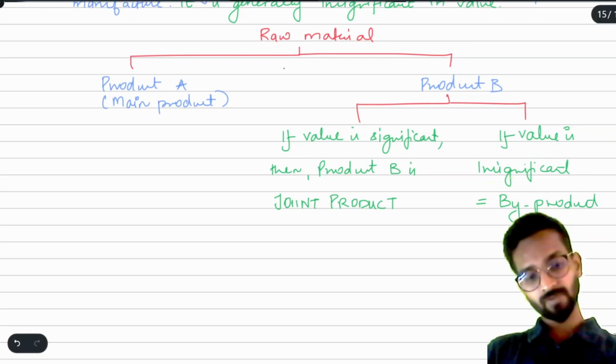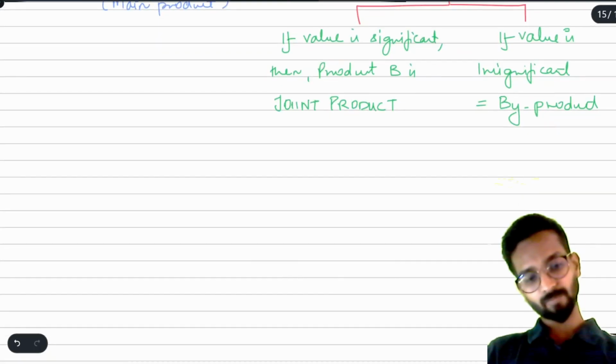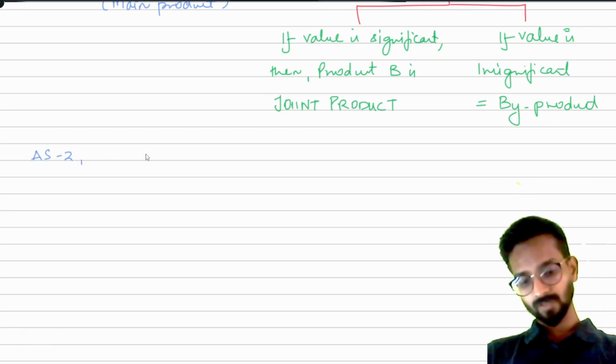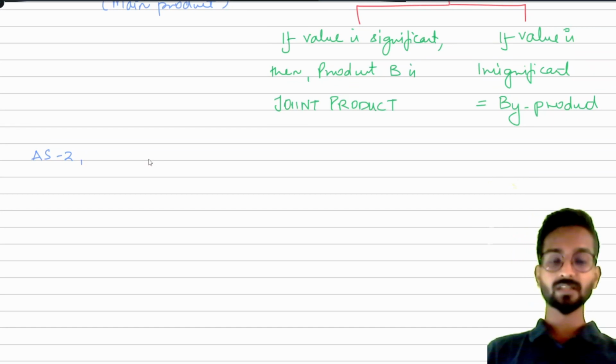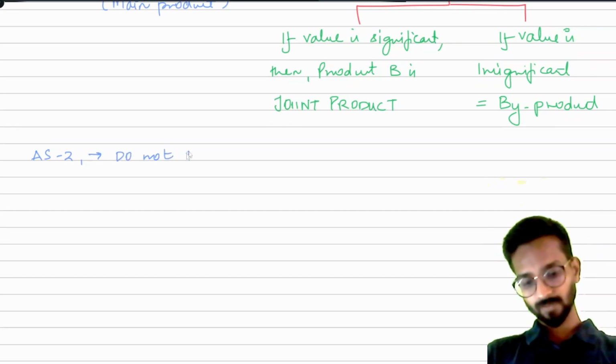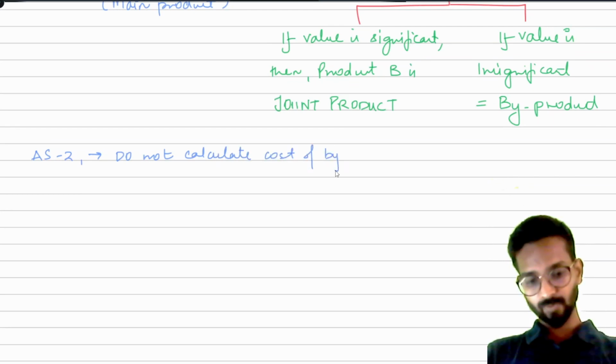Now how will we do the costing in the case of a byproduct? Remember this, AS2 provides that you are not supposed to calculate the cost of the byproduct. AS2 says do not calculate the cost of the byproduct.